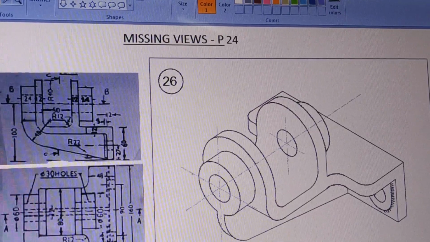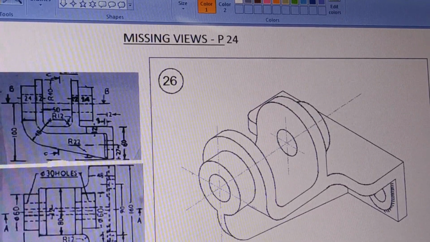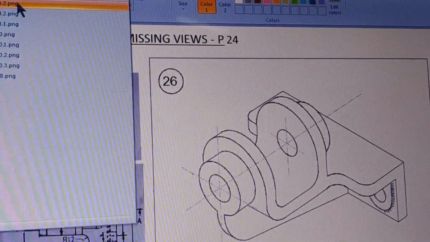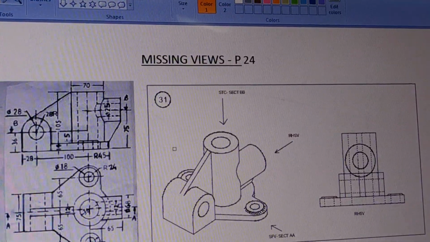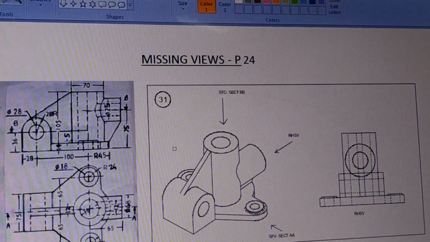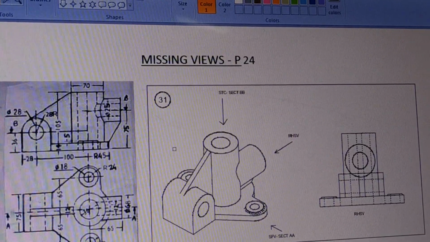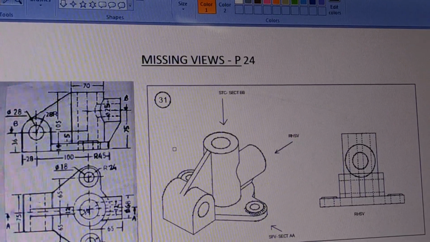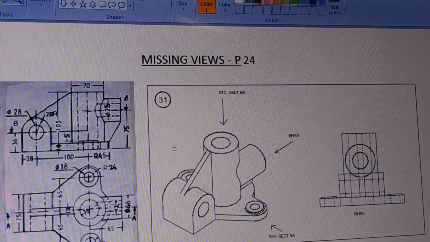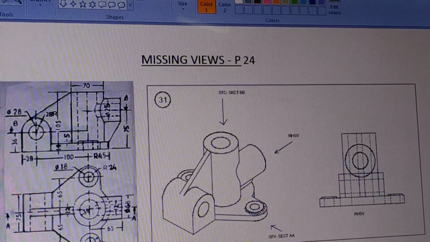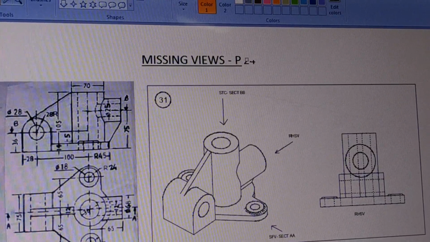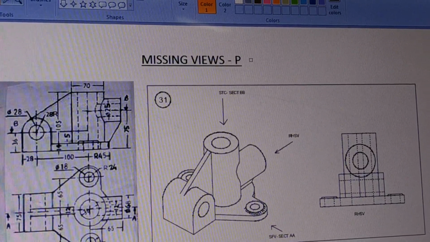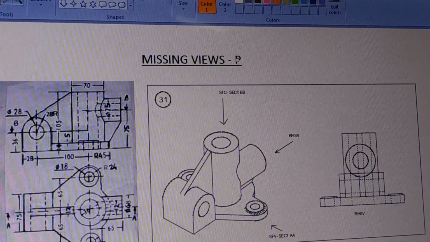Now we will go to the other problem, that is number 31. So this is problem number 31, which is shown here. So now I will describe to you problem number 31.